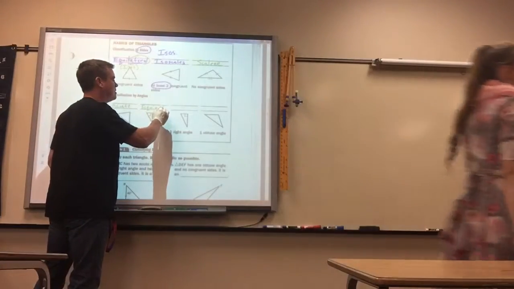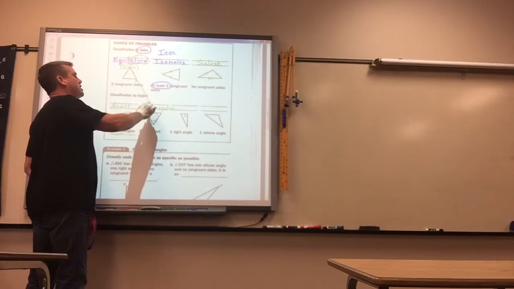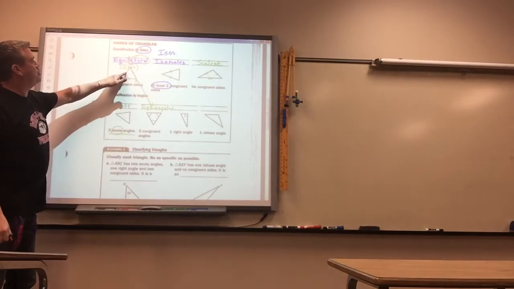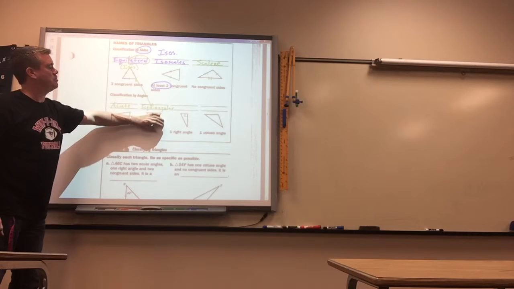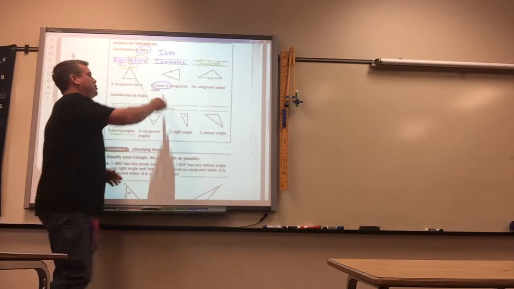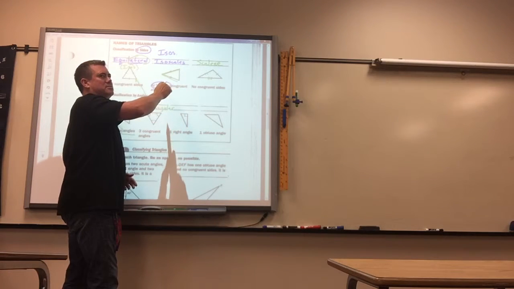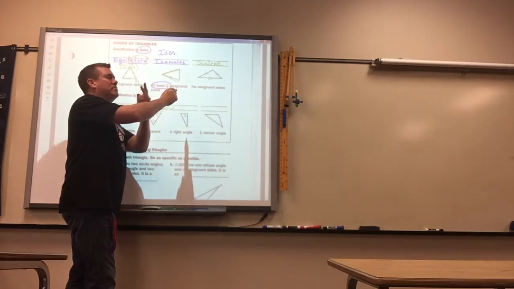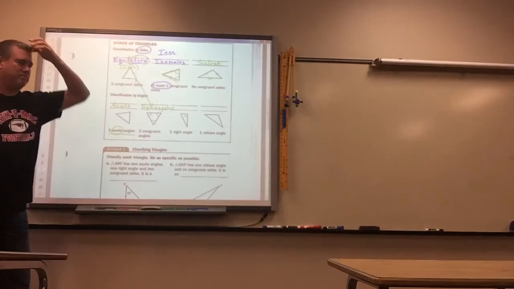Equiangular. Equiangular and equilateral are the same because if 3 sides are the same, the 3 angles got to be the same also. Another thing, going back to the isosceles, if 2 sides are the same, what do you know about the angles? 2 angles are the same. And it's the 2 that are on the base that will be the same. We'll learn that later, but this will show you now.